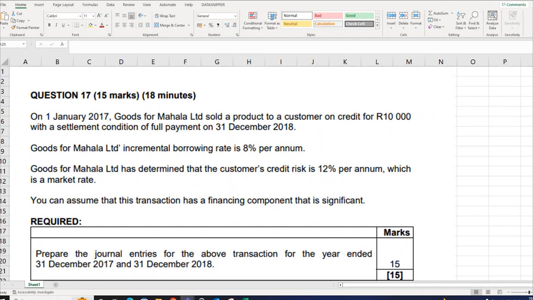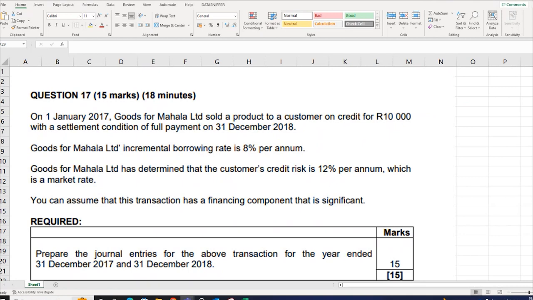Then step 3 would be to determine the transaction price. This is largely where the focus is in terms of this question. There are a couple of principles that you need to know from there.